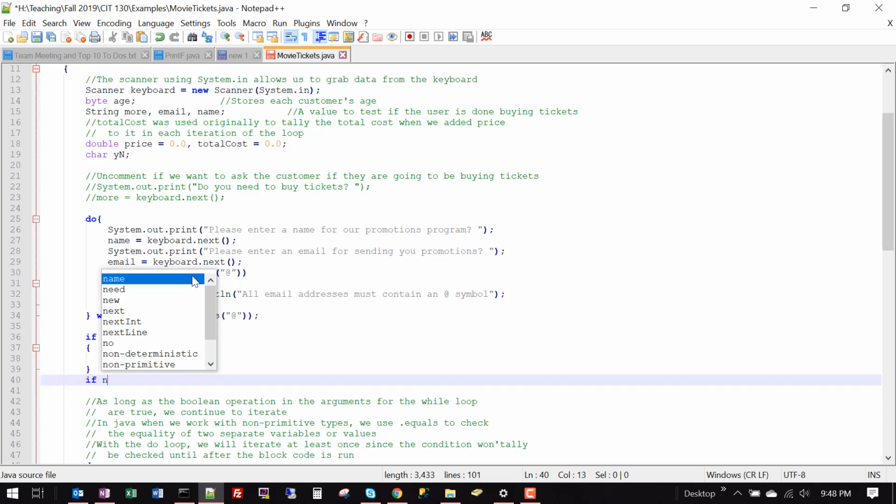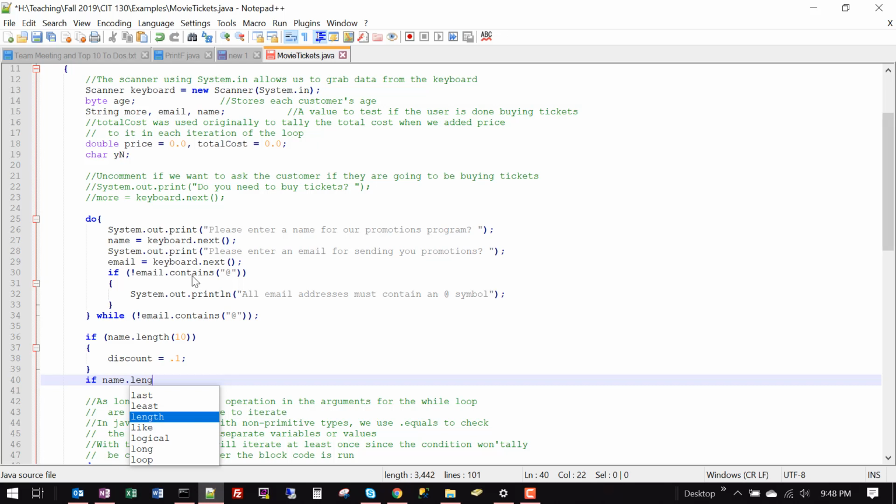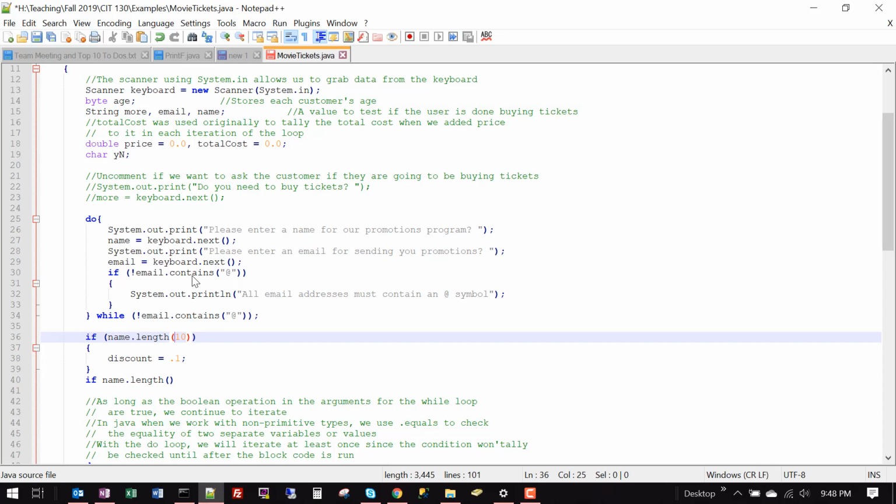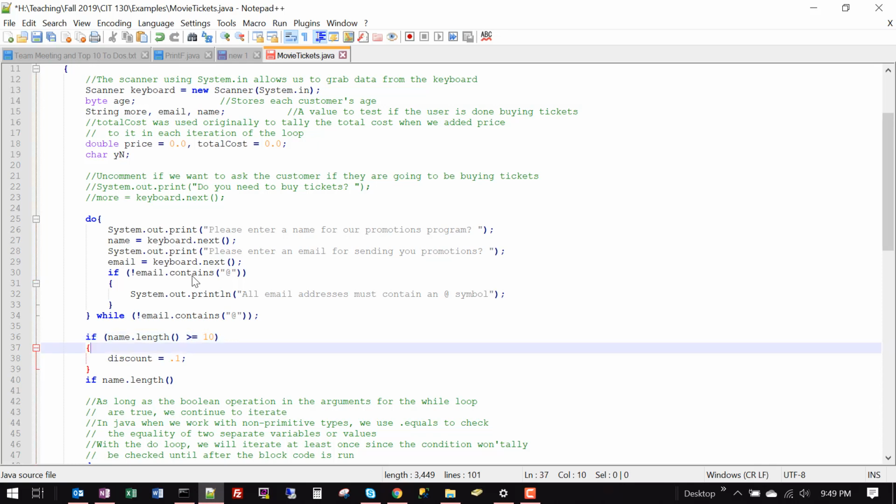And we might say if name.length equals 10. And I'm going to take it one step further. I'm going to go greater than or equal to 10, then they get 10%.